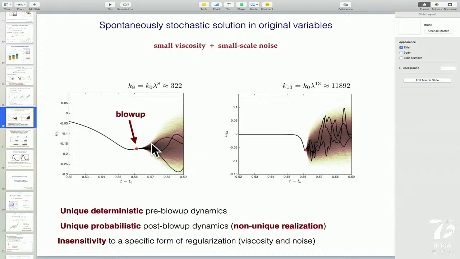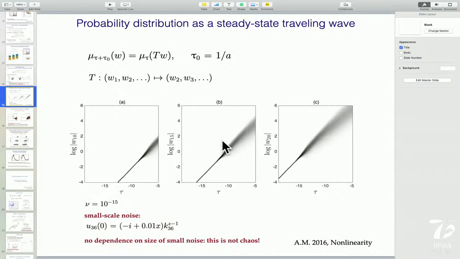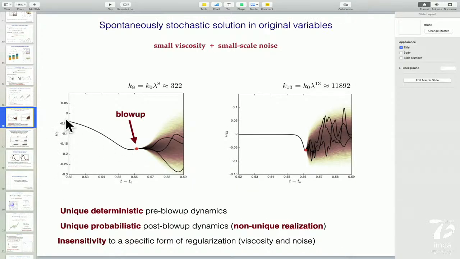These are numerical simulations, obtained with a very small viscosity, 10 to the minus 15, which is incredibly small, and a very, very small noise, like 1% perturbation at a very small scale. For U36, you make a small kick. So the result is like this. You see this is U8 as a function of time.